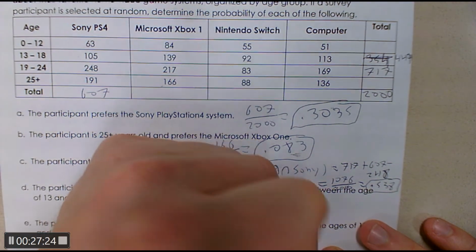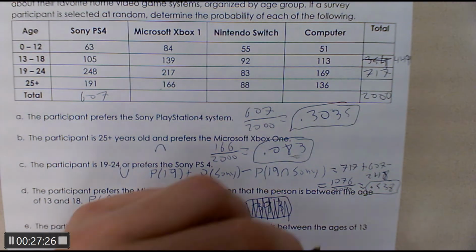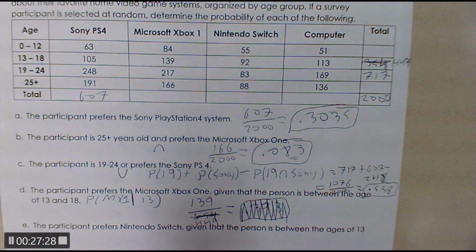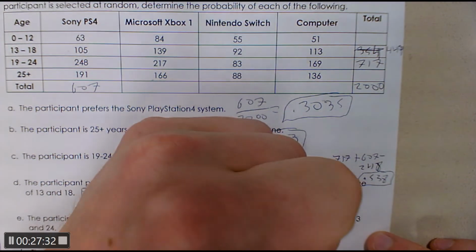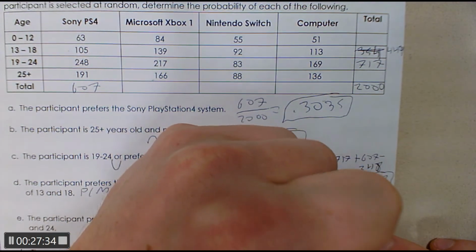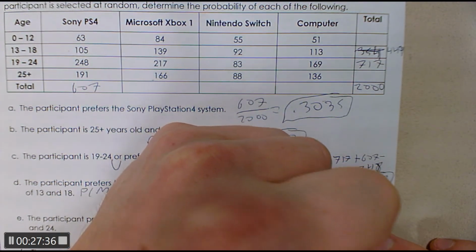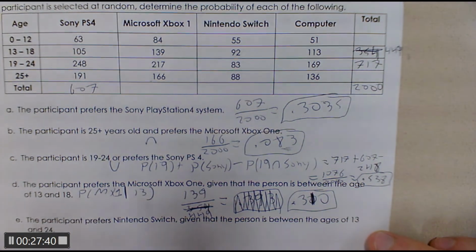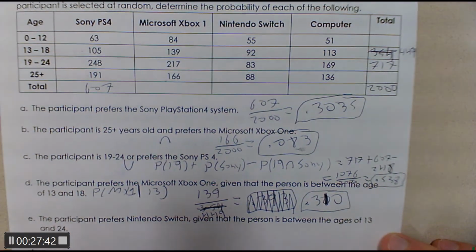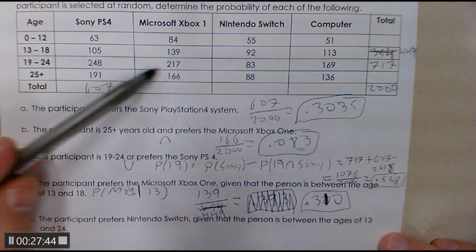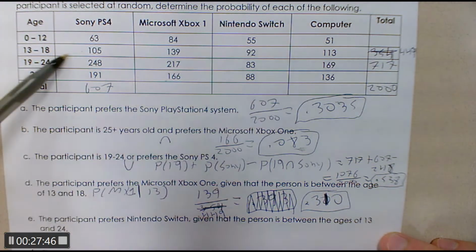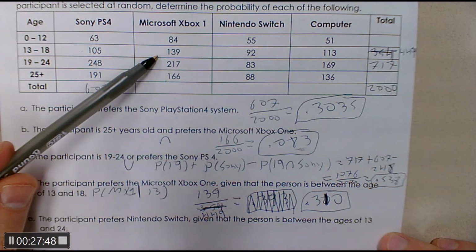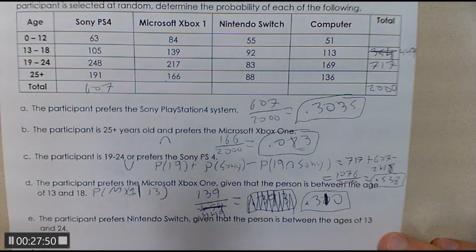Which means this answer should be 139 divided by 449, 0.310. Sorry, y'all. That's my bad. But yeah, so I just looked at this 449, and out of those 449, 139 of them were Xbox Oneers, and that's where I get 139 over 449.